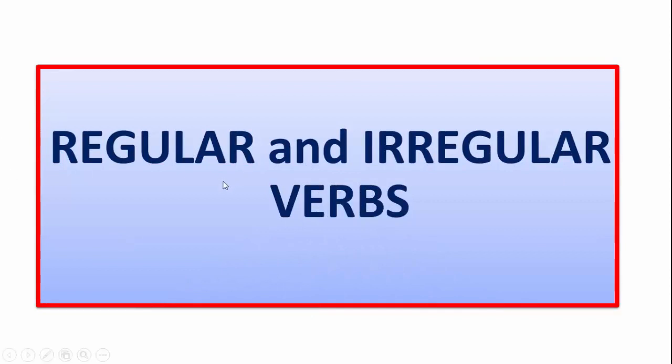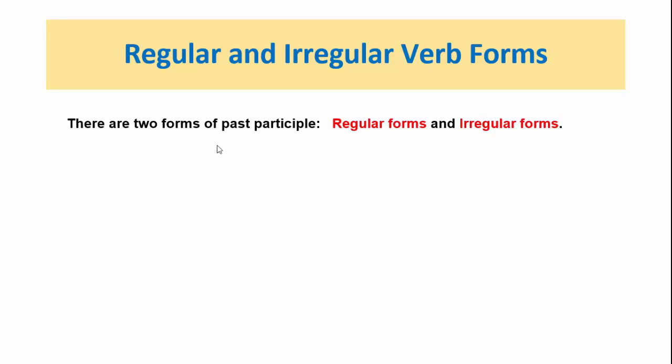Regular and irregular verbs. There are two forms of past participle. They are regular forms and irregular forms.